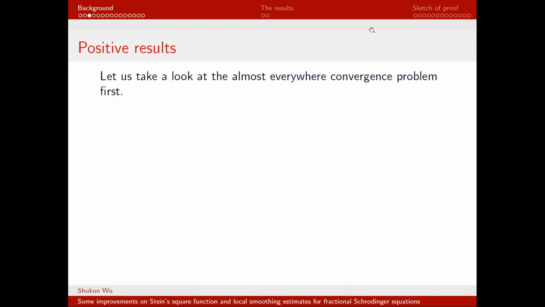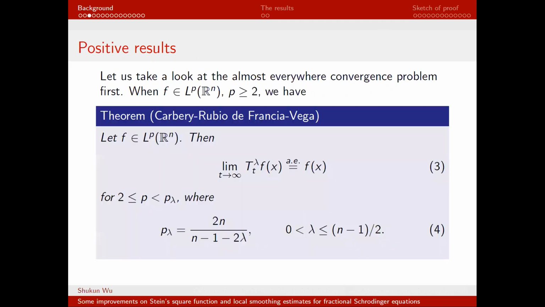When P is greater than 2, for F in LP space, we have the following theorem by Carbery, Rubio de Francia, and Vega. I think this theorem was proved in 1985 or so. It says that for any LP function F, the partial sum converges to F almost everywhere when P is in this range, and the upper range P lambda is given by this formula.